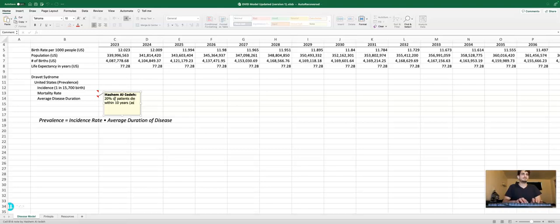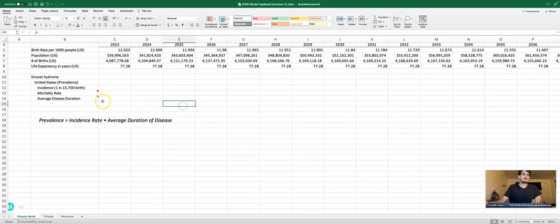And I'm going to assume that the rest can reach normal life expectancy, since the disease does actually get better. The reason I have to assume that is that there's no data on the actual average age these patients can live up to, so you're just going to have to make a very educated guess.